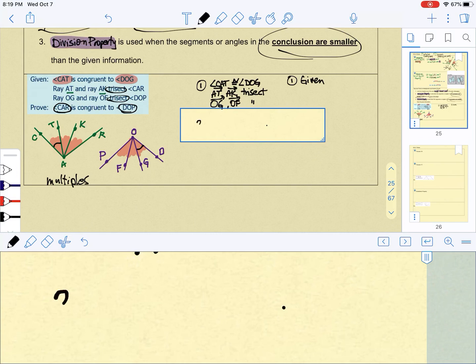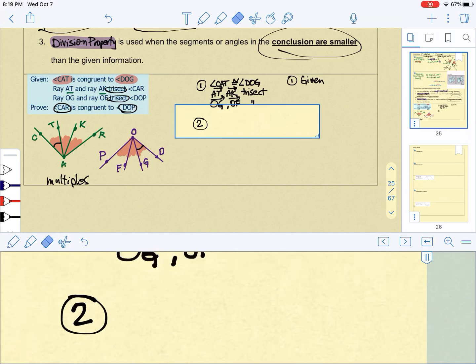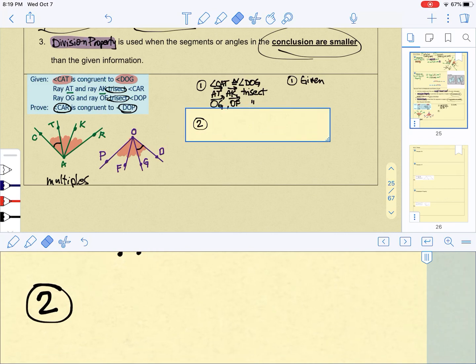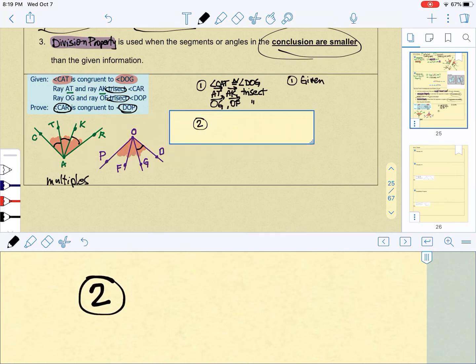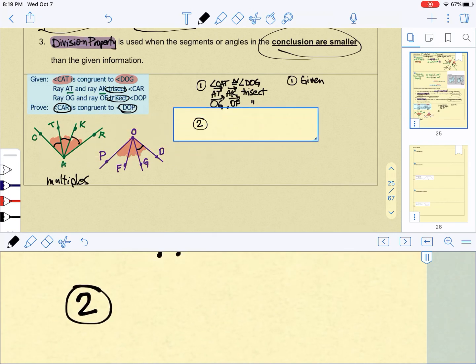Number two. All right, well now, if we trisect something, that means we break it up into equal parts. Or sorry, we're actually creating multiples here, yes? So notice here, because it's trisected, I now know that all three of those parts are congruent, yeah?